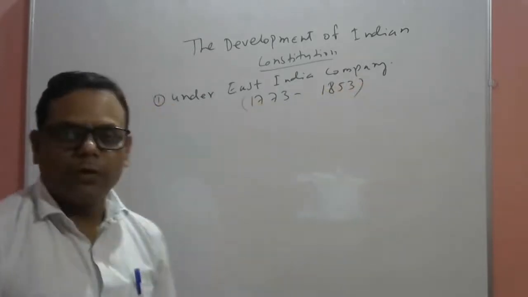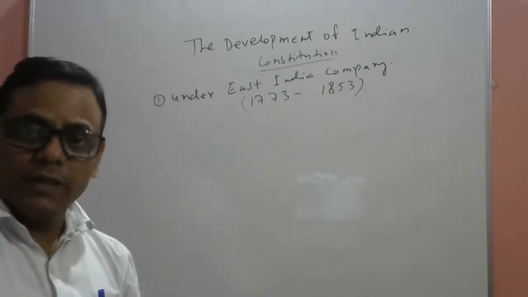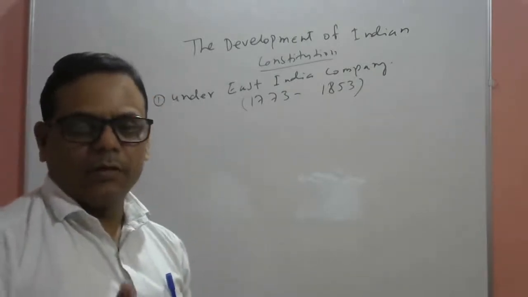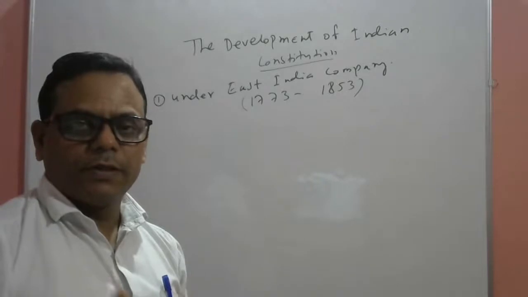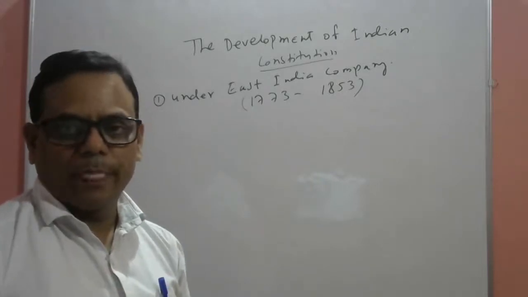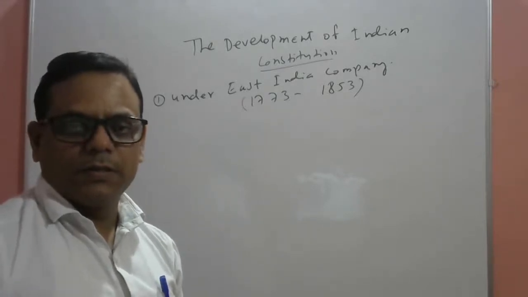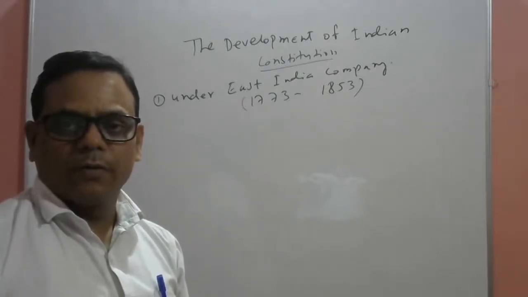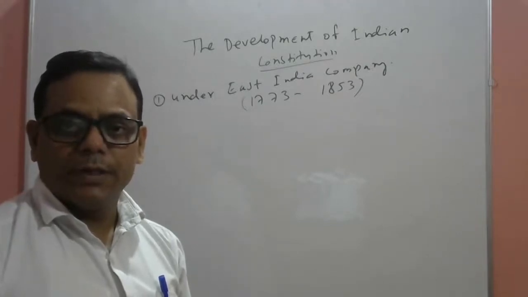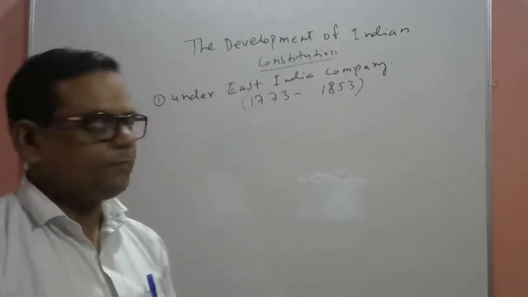This is the rule of East India Company in India during 1773 to 1853. This period is known as the rule of the government of East India Company in India.